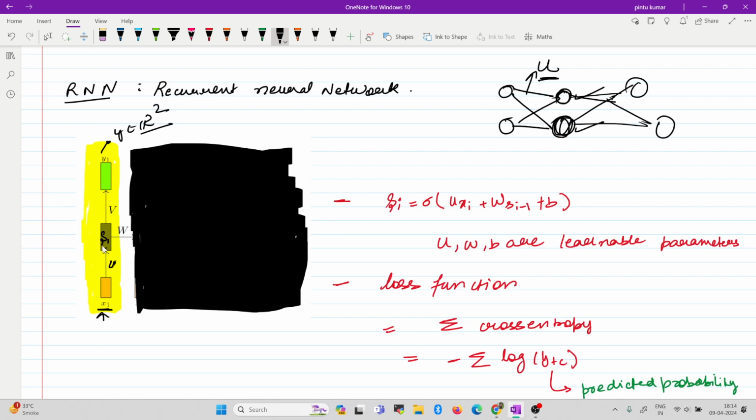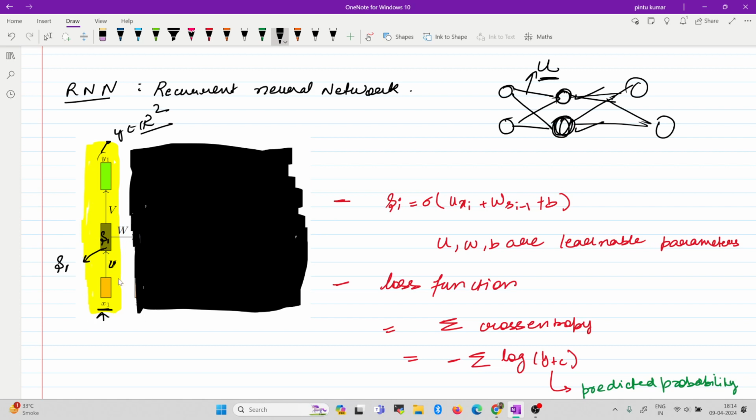Okay. So what is different in an RNN from a normal neural network? Let's say you passed your first input X1 and you obtain the output for that, that is your Y1. What you will do is save your intermediate representation, that is, you will save S1.